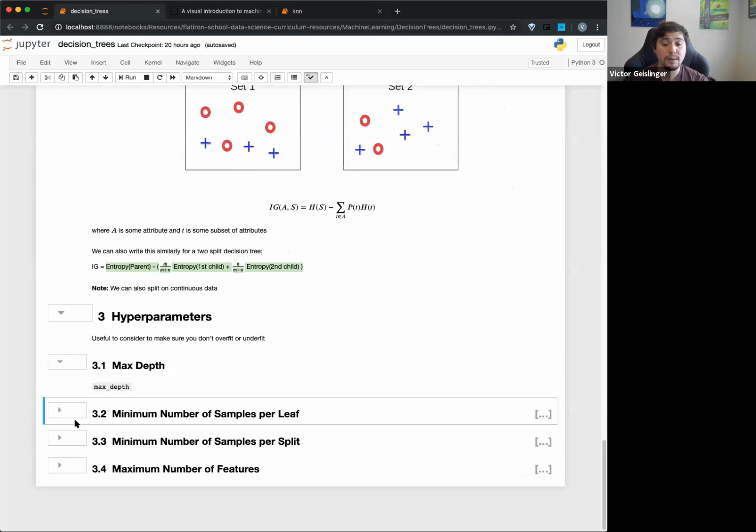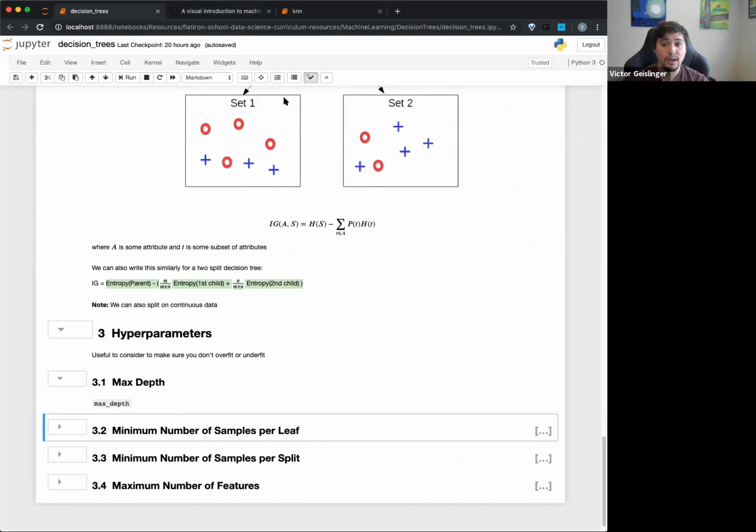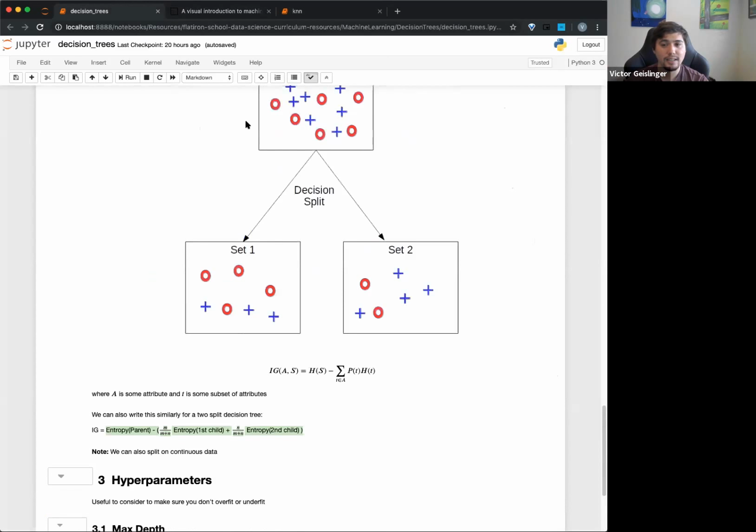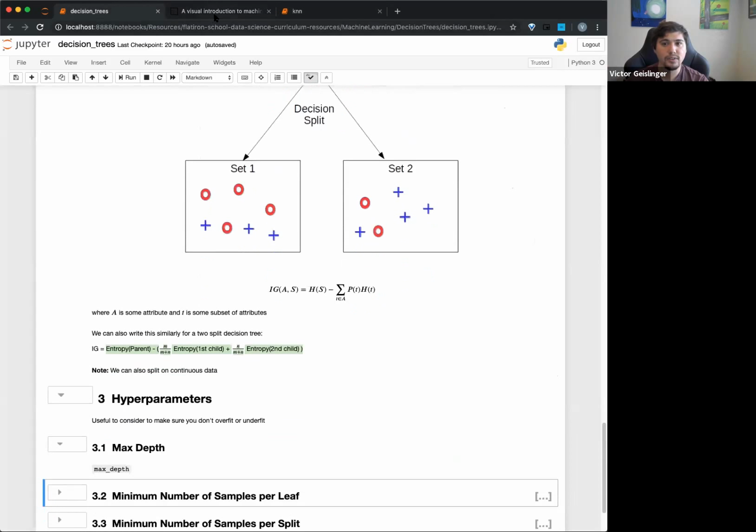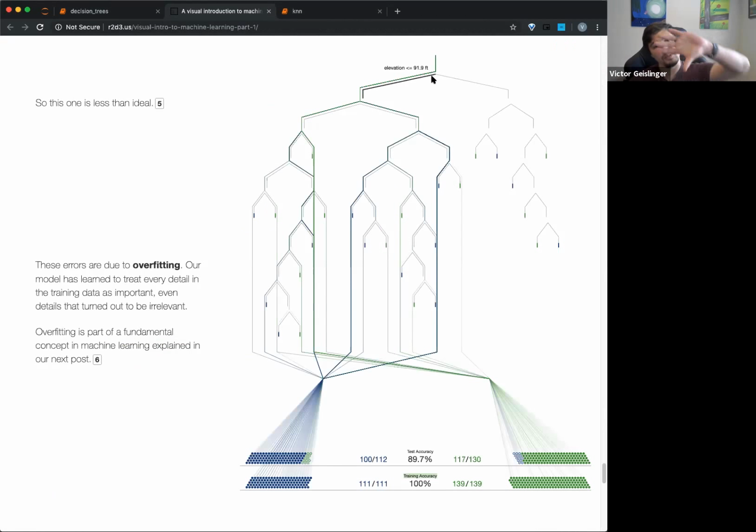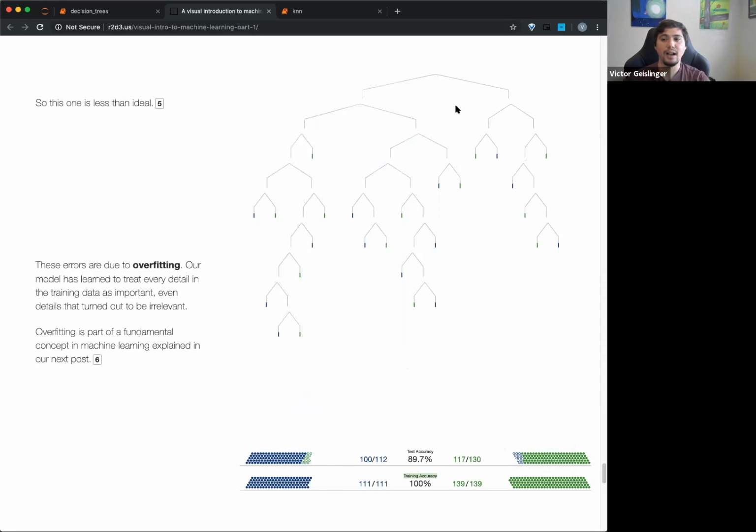You can also set the minimum number of samples per leaf. This right here is a leaf. Computer scientists love trees that are upside down. If you turn that tree upside down, each little edge right here, this little spot, would be a leaf or a node. And it's saying, well, what's the minimum number of samples that should be in that leaf?